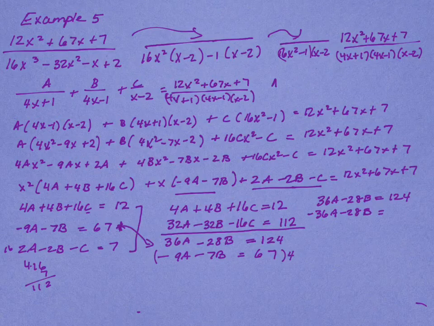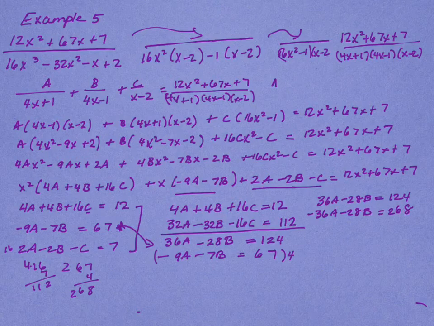Uh-oh. What happened there? Did I get rid of both of them? No, I'm going to be adding them. So when I add them, it won't get rid of both. And then 67 times 4, that would be 268. Hope I didn't make any mistakes.